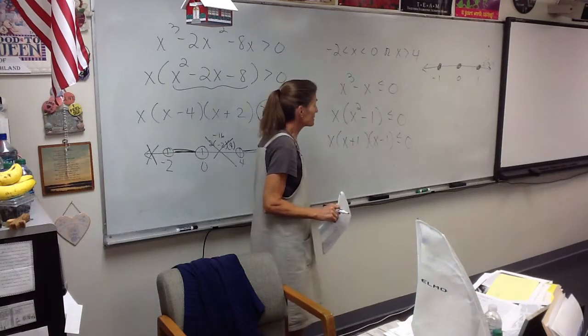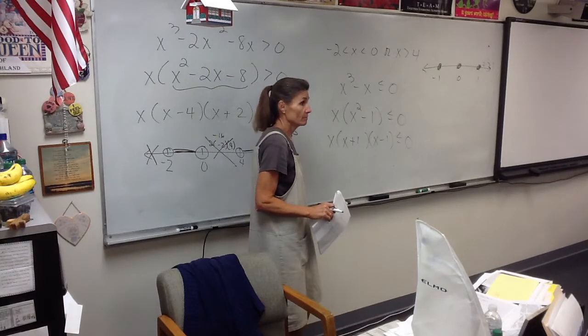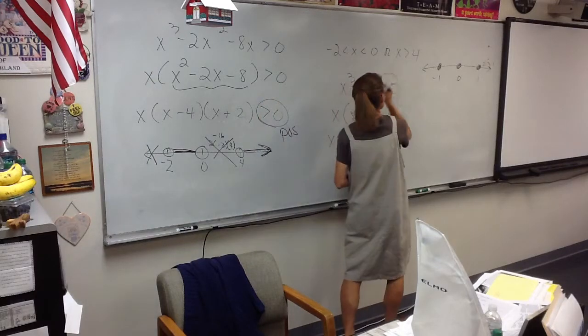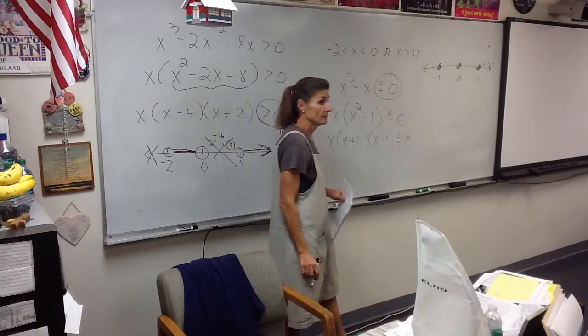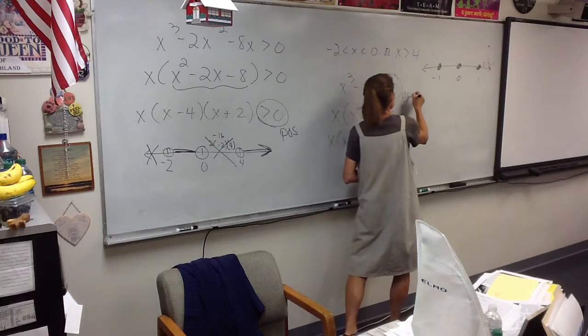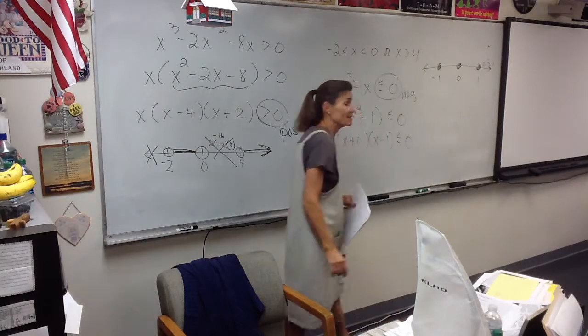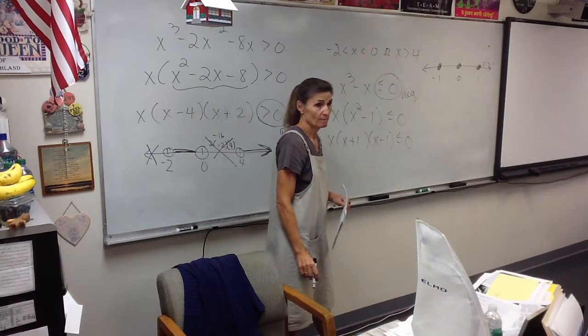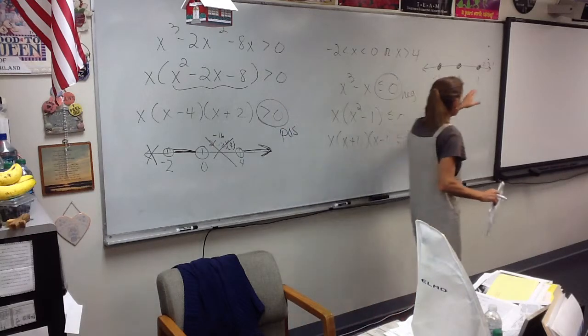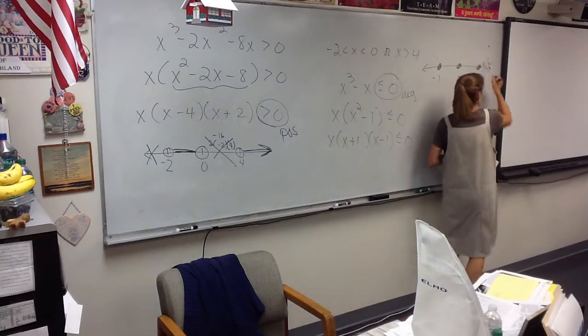That gives me a positive answer, doesn't it? 6. Is that the kind of answer I wanted? No, this means negative. This means I want numbers that give me negative answers. 2 gave me a positive answer, so this doesn't work.